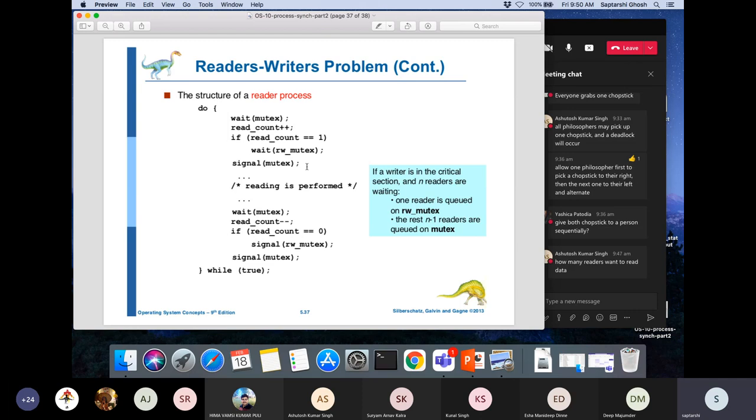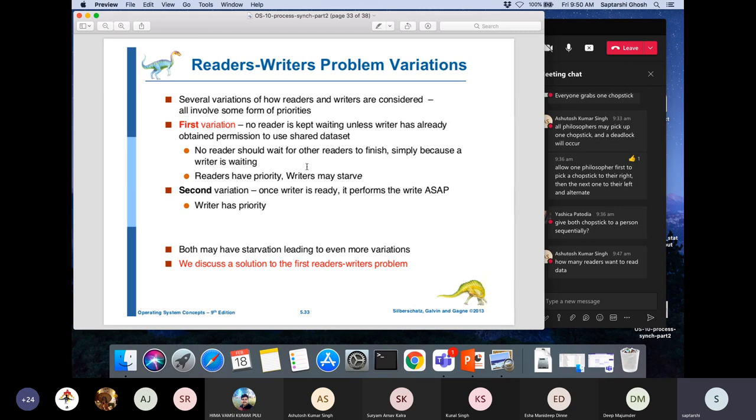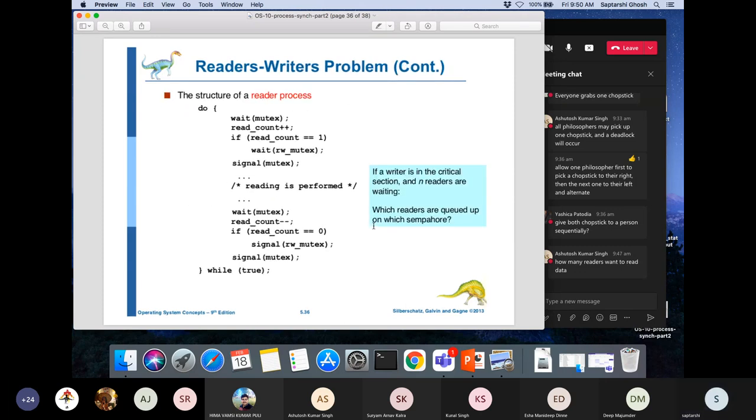So remember we said, let me just go back to a couple of slides. Remember we said we are discussing the first variation of the reader-writer problem. That means readers have priority, writers may starve. Readers have priority, writers may starve. Okay, so can you say how that is happening? What makes this true, that the readers have priority and writers may starve?